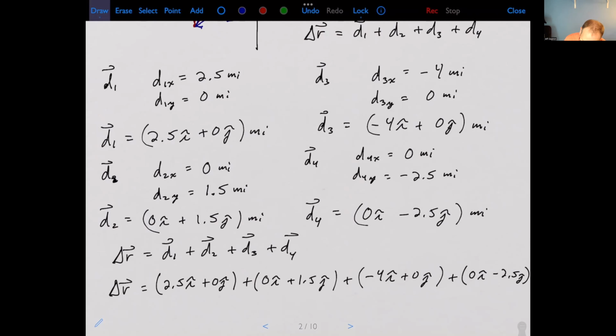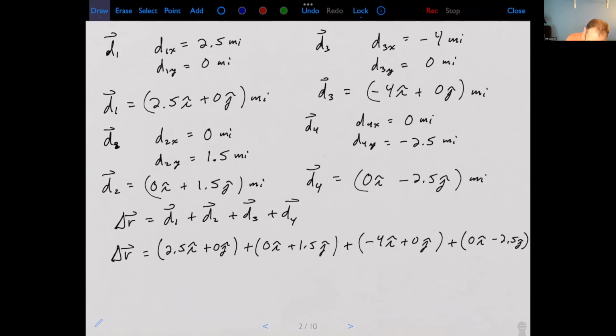Okay, so if I add all the X components together, I just pick out the I hats here. I have 2.5 plus 0 minus 4 plus 0. That's going to be -1.5. So -1.5 I hat. And then if I add the Y components, the J hats, 0 plus 1.5 plus 0 minus 2.5, looks like that's going to be -1.